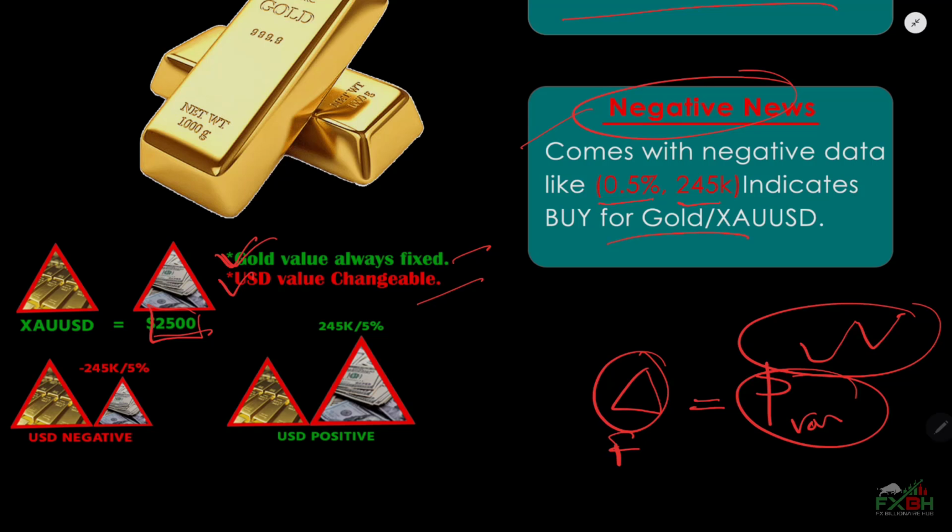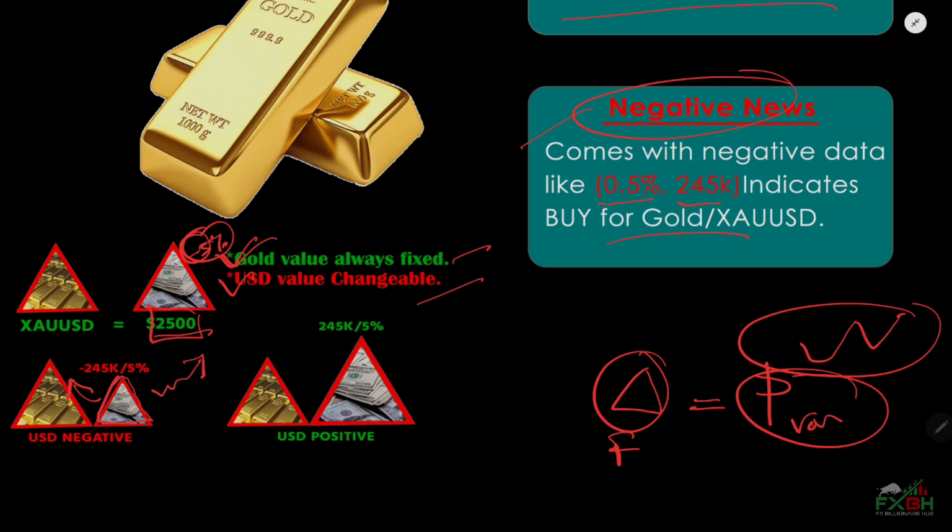If news data comes with negative 5%, that means minus 5% from here, so this triangle will be 5% smaller than the previous one. In that case, gold is up, that means gold is bigger than USD, so we will buy gold.